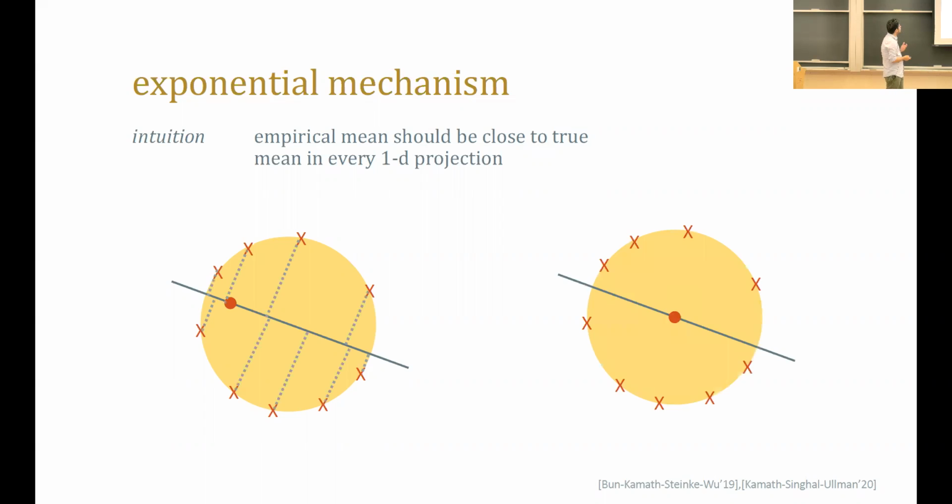On the other hand, if you have a point such that it is close to the empirical mean on every direction, that point is probably going to be a good point for your exponential mechanism.